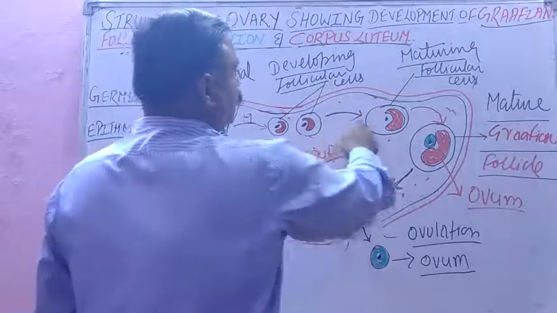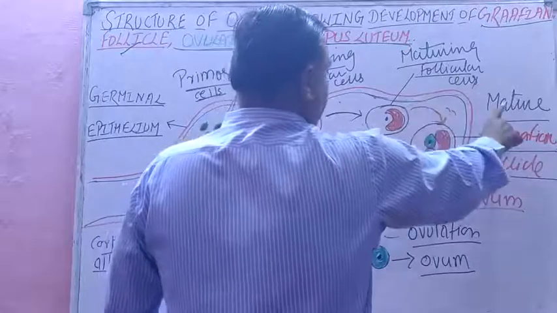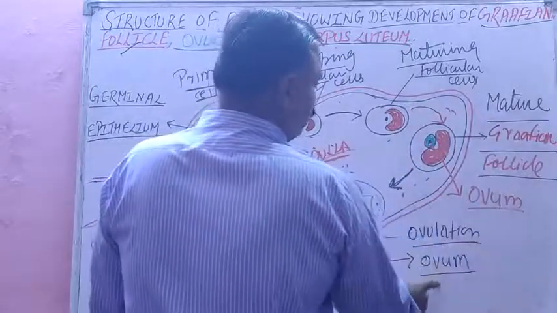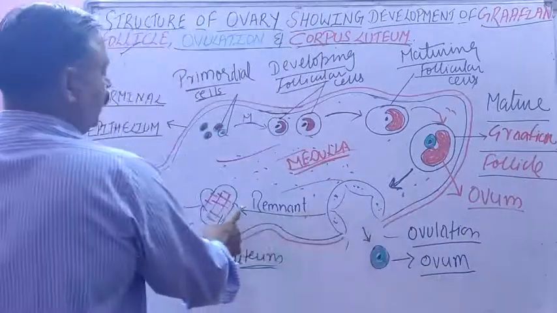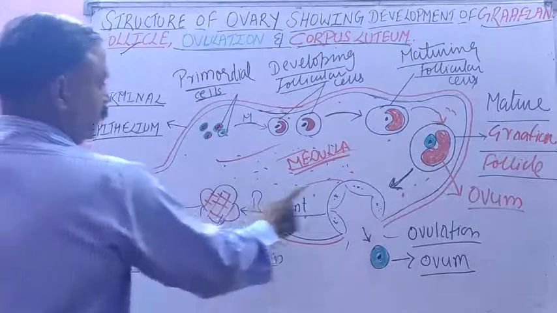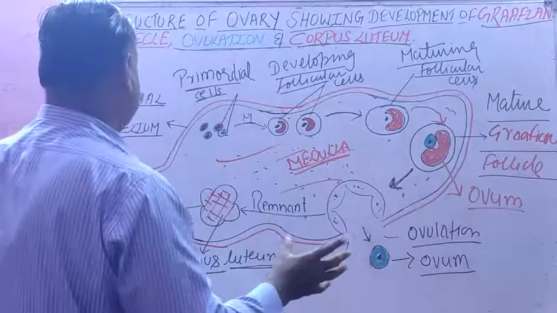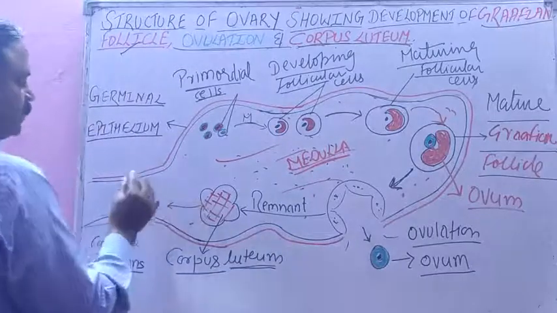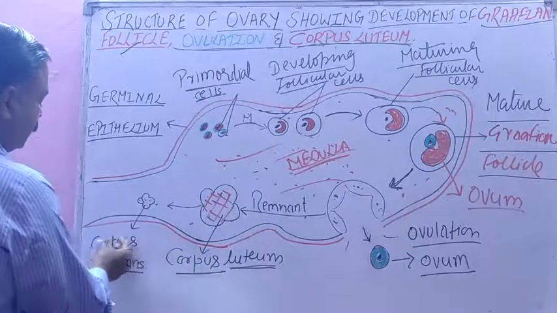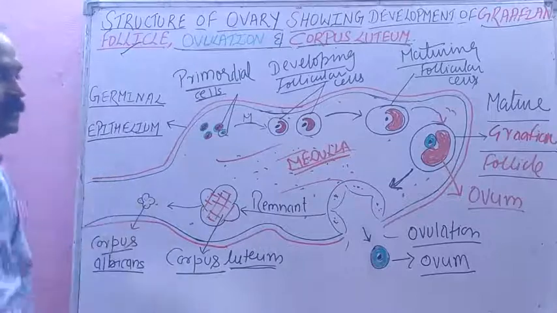Developing follicular cells grow to form maturing follicular cells, then the mature Graafian follicle, then they rupture for ovulation of the ovum, and the remaining part is called corpus luteum. Now, this Graafian follicle and corpus luteum are the bodies producing female hormones, and slowly and gradually they diminish after releasing the female hormones and become a small white body called corpus albicans.